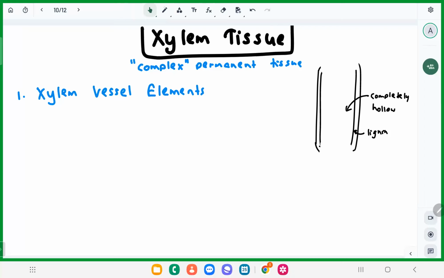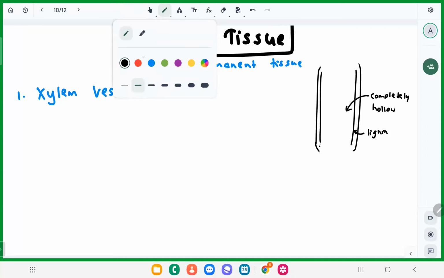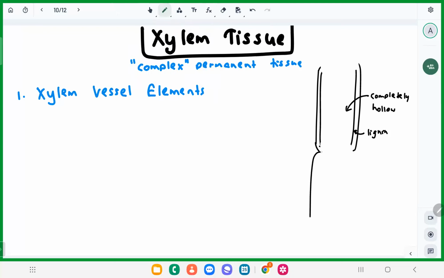This is because when we have many xylem vessel elements and all of them stack up over one another, so this is my second xylem vessel element that I'm drawing, stacking up. This is actually under my first vessel element. And let's imagine another xylem vessel element stacking over this xylem vessel element.